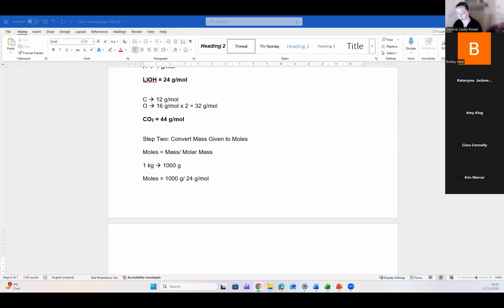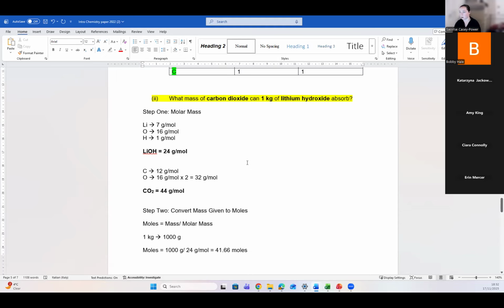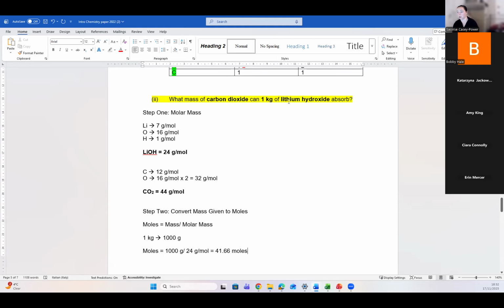So 1,000 divided by 24 is 41.66. Perfect. Now we have a mole amount of our lithium hydroxide. We have lithium hydroxide, but the question is asking for carbon dioxide, so we need to equate that back.